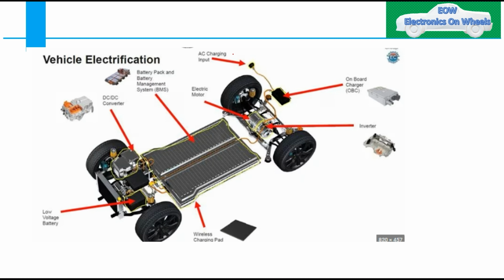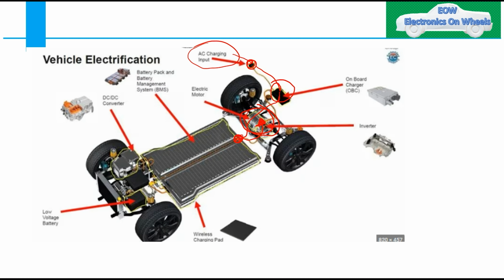Here we can see a little more description. You have the AC charging input from your charging port, then it comes to your onboard charger (OBC), then it goes to your battery pack, which will be charged, and then it goes to your motor or inverter. First it comes to the inverter and electric motor.